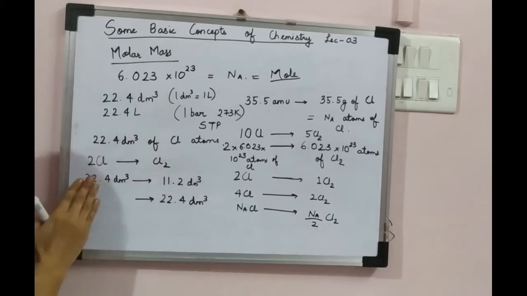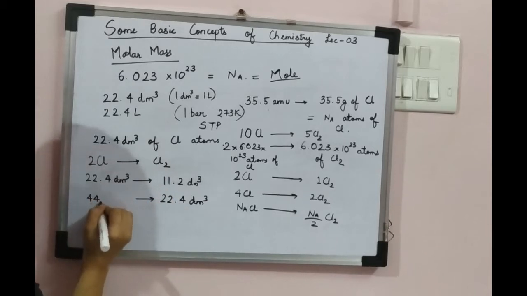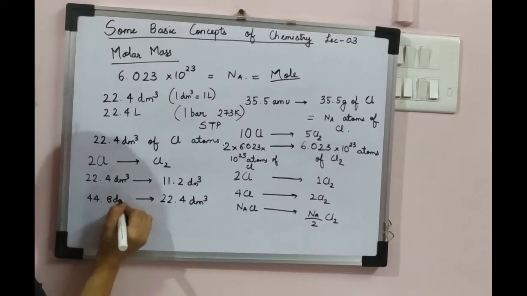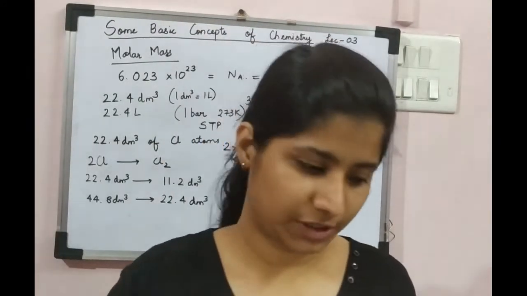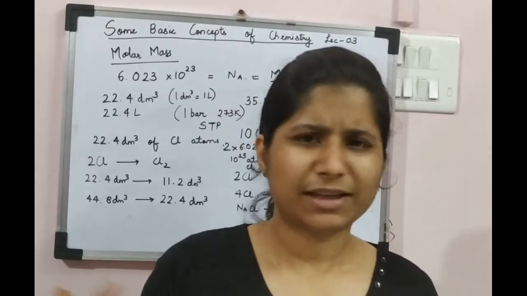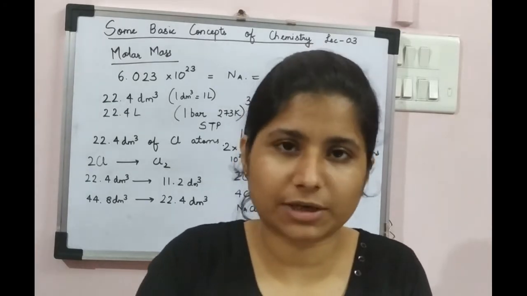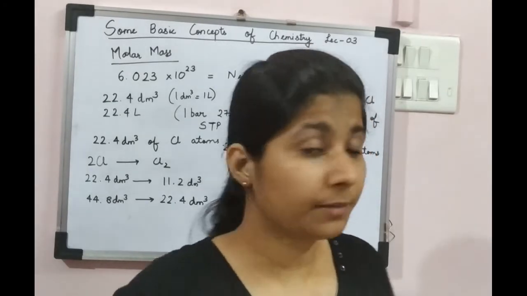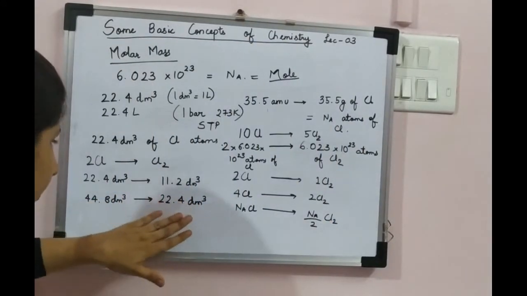Now 11.2 was doubling up, so this will also double up, becoming 44.8 decimeter cube. So I will have to take chlorine atoms such that they don't react. As soon as I take 44.8 decimeter cube of chlorine atoms, they will immediately react to give us chlorine molecules. But if I actually want this from these chlorine molecules, this is the volume.